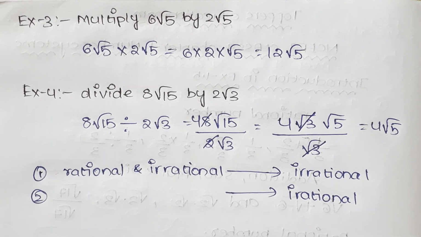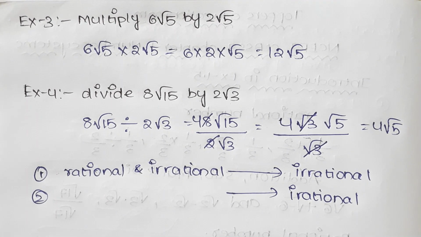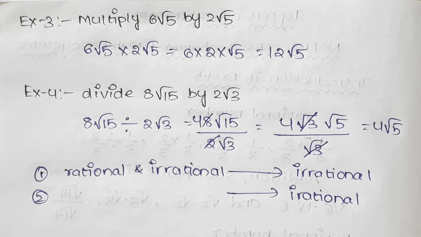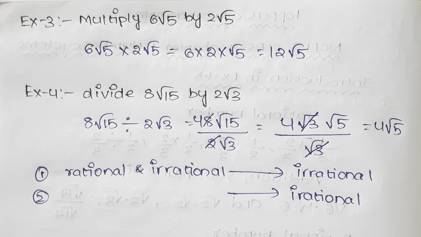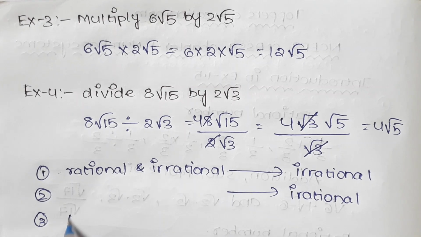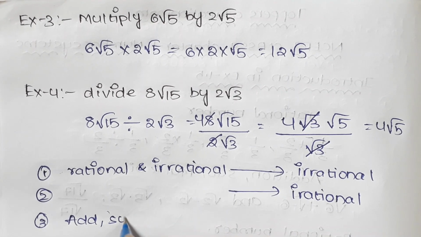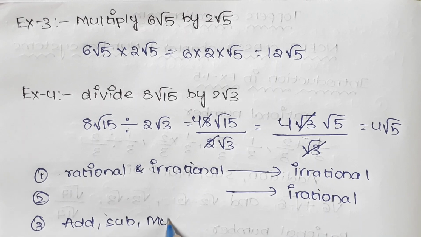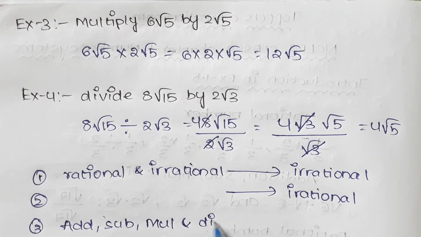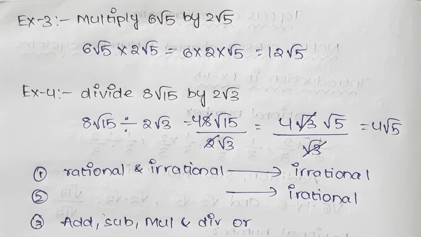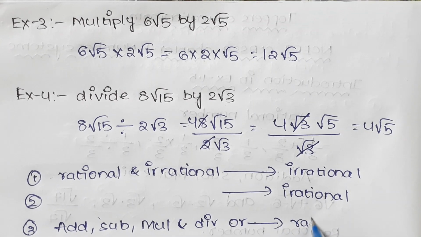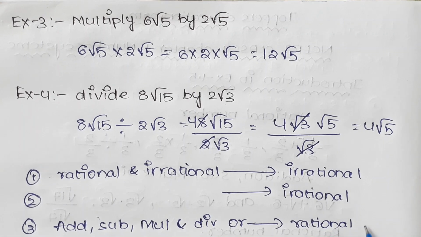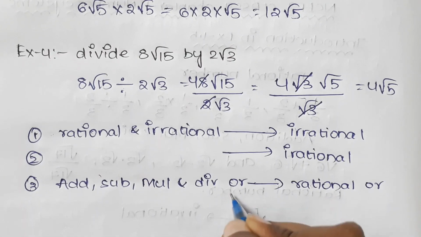And again, if we add or subtract or multiply and divide any two irrational numbers, the result may be rational or irrational. Add, subtract, multiply and division of two irrational numbers is either rational or irrational.